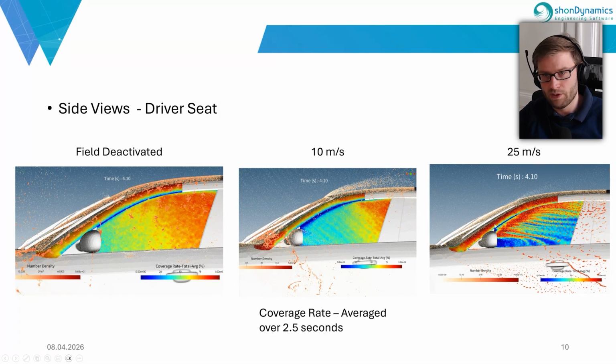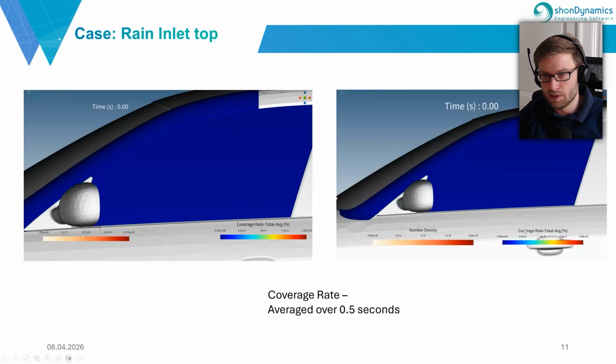Whereas in the 25 meters per second case, we have a lot of rivulets forming at the start of the A pillar, going to the side view, and then back to the back end of the car.